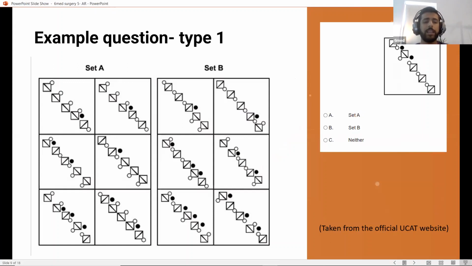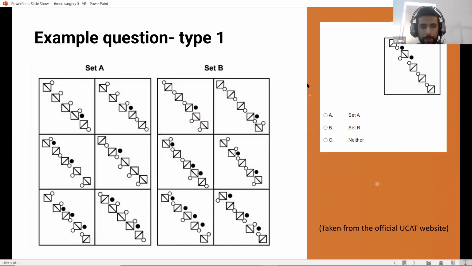The pattern with set A is that when there's a black circle, the rotation of the diagonal line will change. So if it was going top left to bottom right, it'll go top right to bottom left. And also the white circle will move clockwise to the next vertex, as it were. Hopefully that makes sense. Whereas in set B, it's the opposite for the white circle, so it moves anti-clockwise.